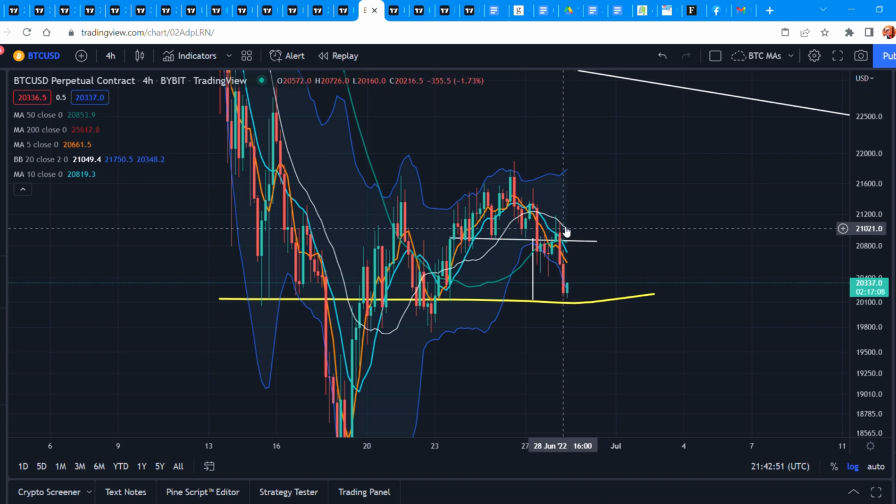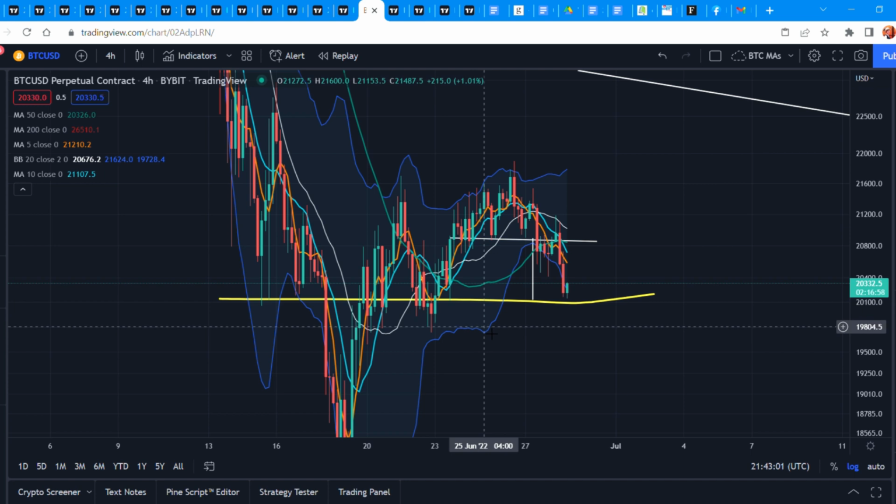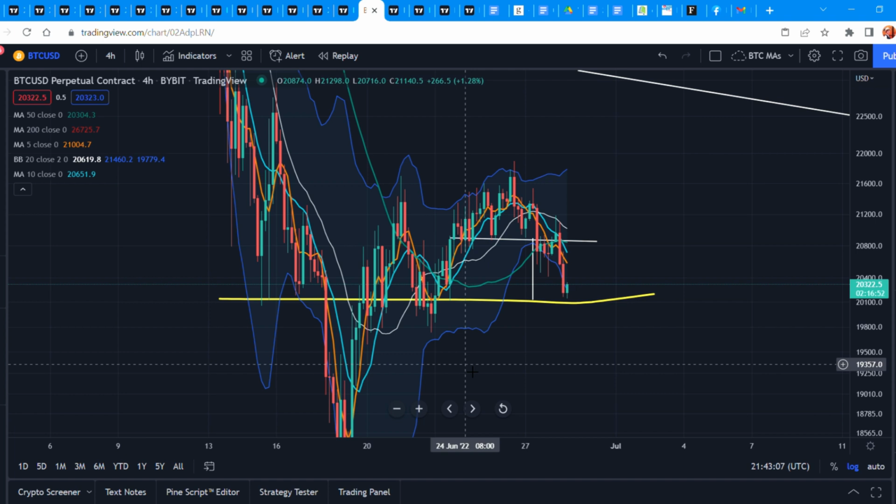So again, it's an example of how things are in confluence and how important it is to look at where the 4 hour support and resistance would be, where the 4 hour, I don't know, 50 EMA or 20 EMA or 200 EMA would be, for you to map out your targets and your entries.